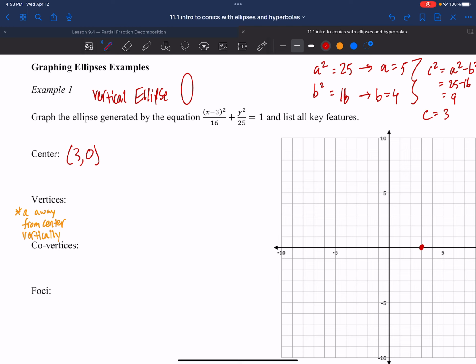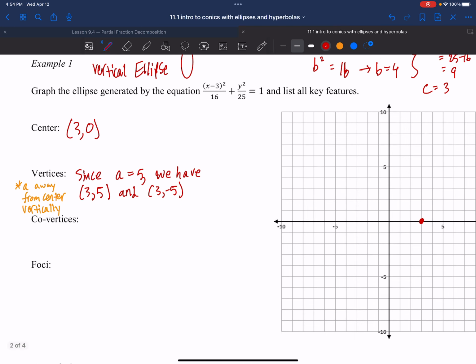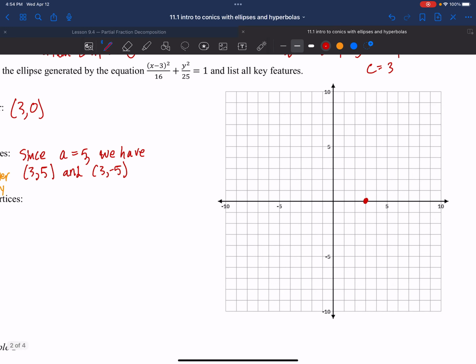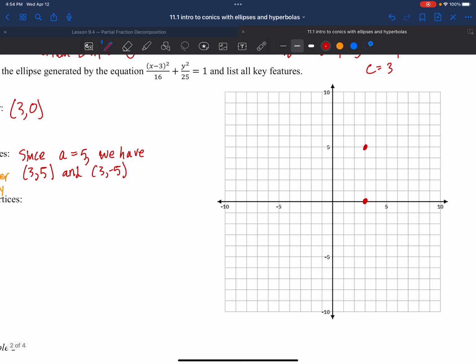A equals 5. So since A equals 5, we have 2 points. The first vertex we're going to add to the Y value: 3 comma 5, and the other one 3 comma negative 5. And those are your vertices. So 3 comma 5 and 3 comma negative 5.